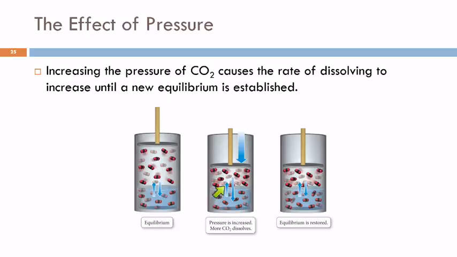It does nothing to the rate of evaporation, or it's not really evaporation, it's dissolution, I guess. And then it will establish a new equilibrium. And so now the pressure here is lower. So if we pump more CO2 in here, that's going to essentially force carbon dioxide into the solution.